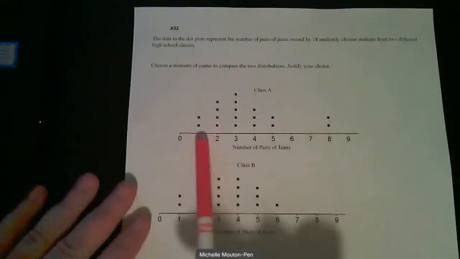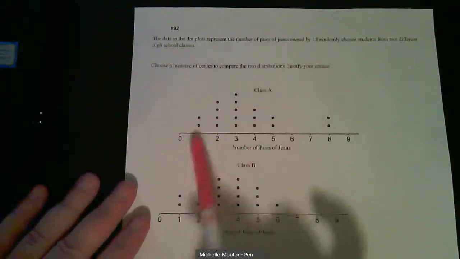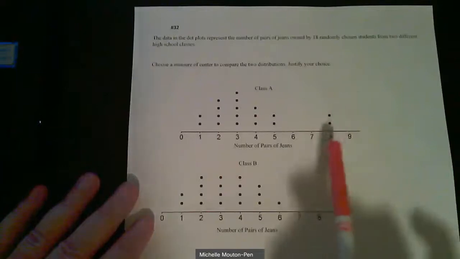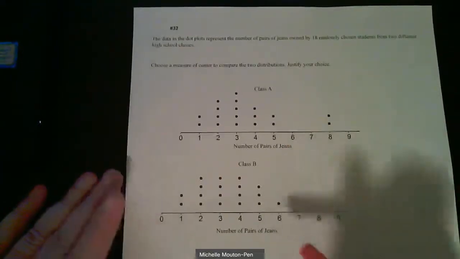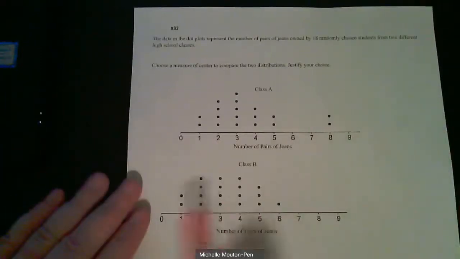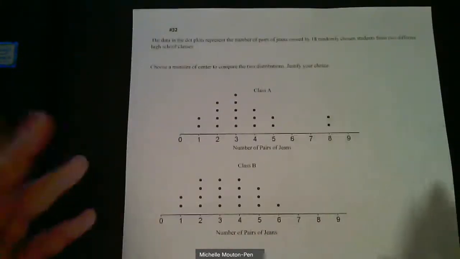So 2 people own 1 pair. They must live in Florida because we don't need jeans very often. And then you have 2 students who own 8 pair. So they must like jeans. And then down here, we have 2 students who own 1 pair, and 1 student who owns 6 pair.